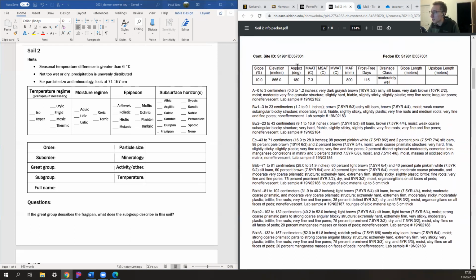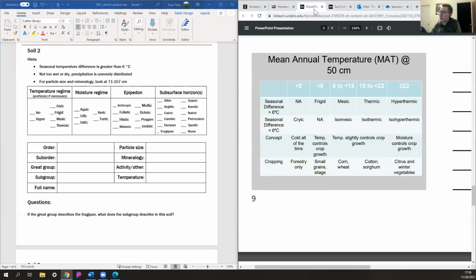And it's given to us right here. Mean annual air temperature in degrees Celsius is 7.3. So our mean annual soil temperature is, I guess we could round it down a little bit, but in this case, it's not really going to matter because our 7.3 degrees Celsius soil temperature is less than 8 degrees as indicated by this table. Our seasonal difference is greater than 6 degrees Celsius. So we're right here in this frigid box.